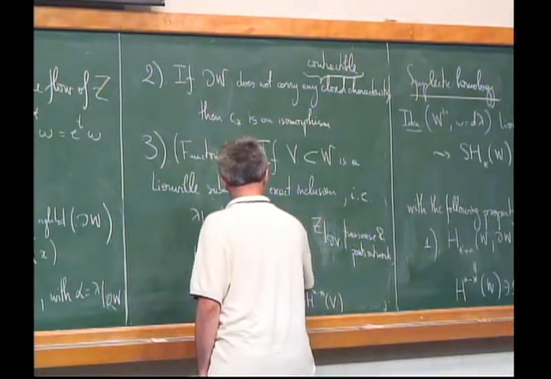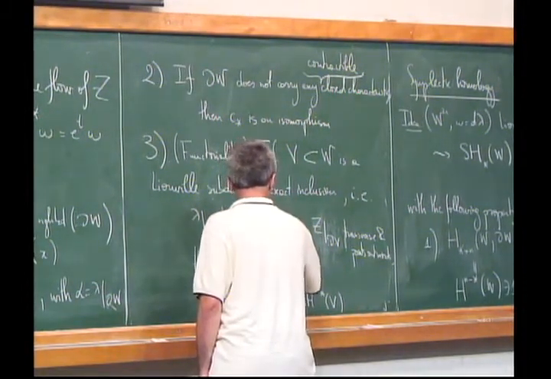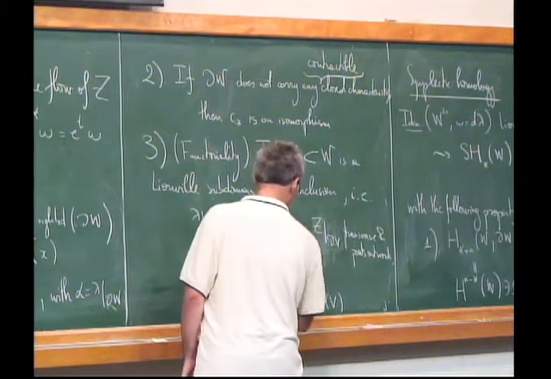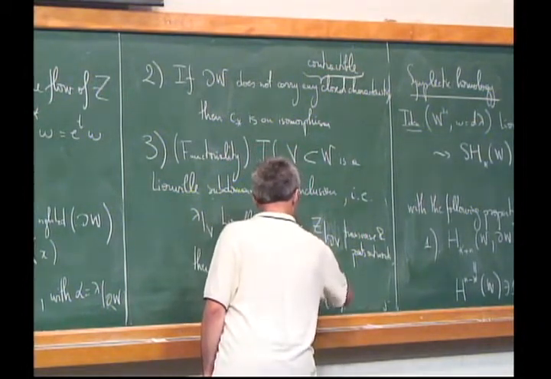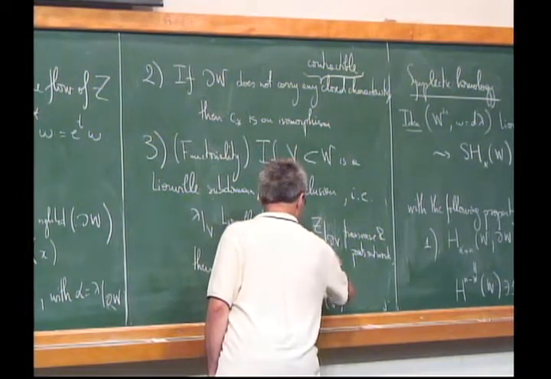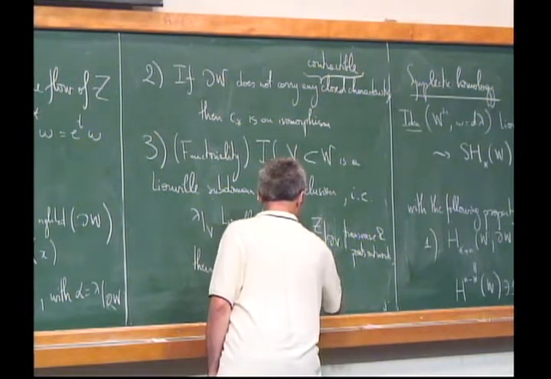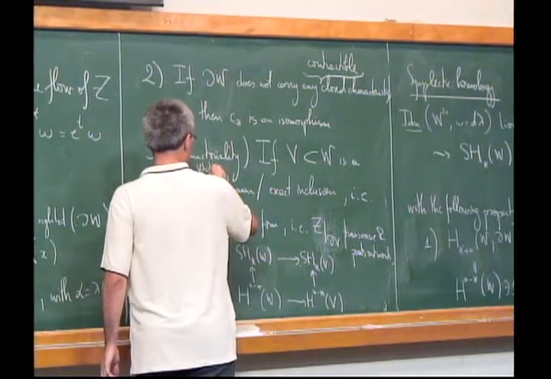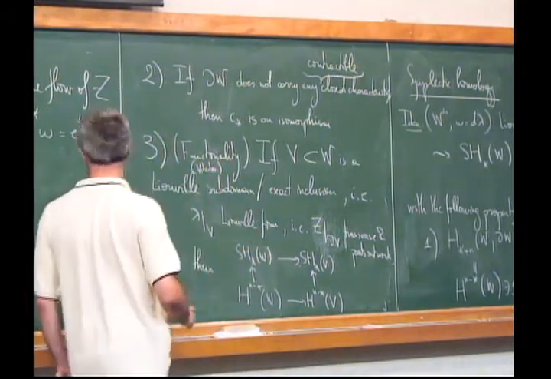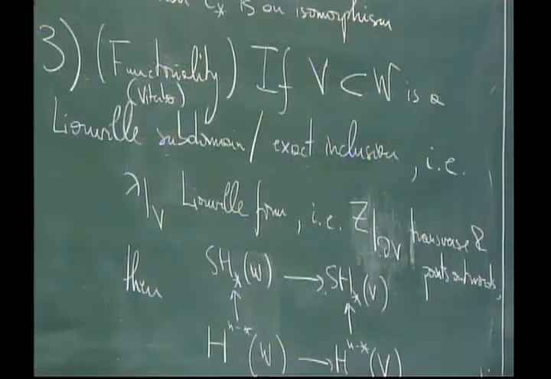And symplectic homology is an extension of cohomology. And you have such a map which makes it into a commutative diagram. And this is the main result in Viterbo's 99 paper.